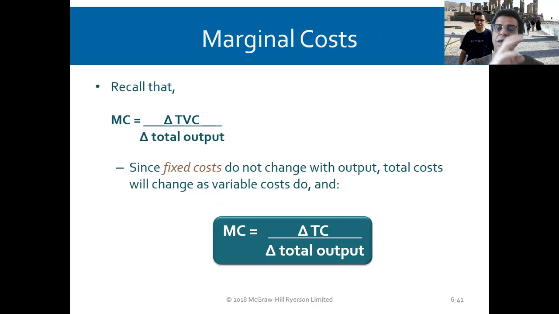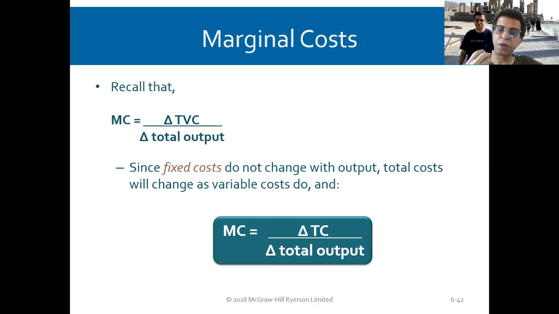Now, in the marginal cost, we said it is the change in the total variable cost, when we add one more unit, over the change in total output. And since the fixed costs do not change with the output, the total cost will change as the variable cost does.